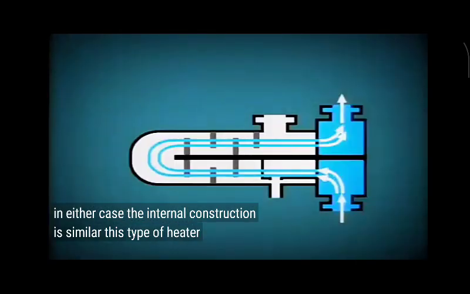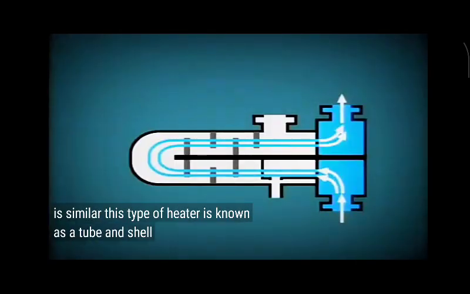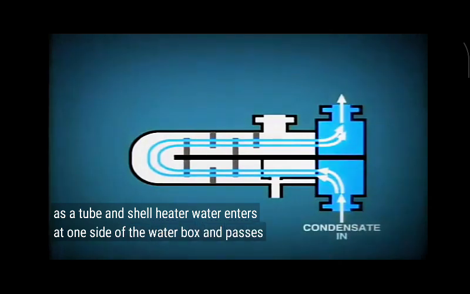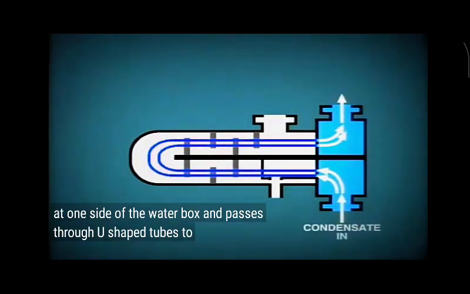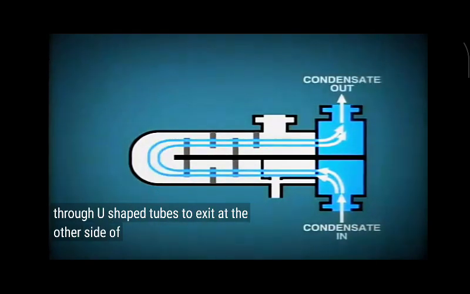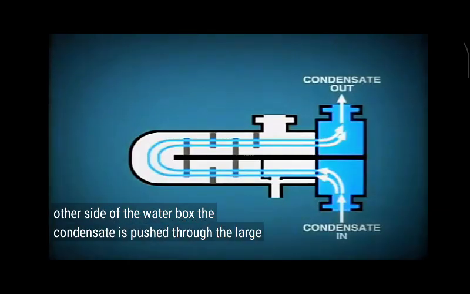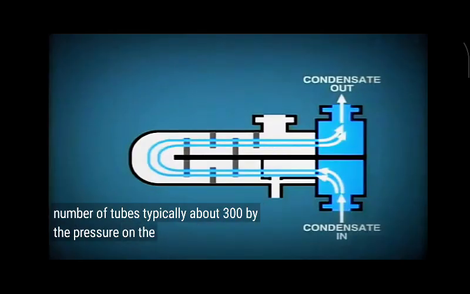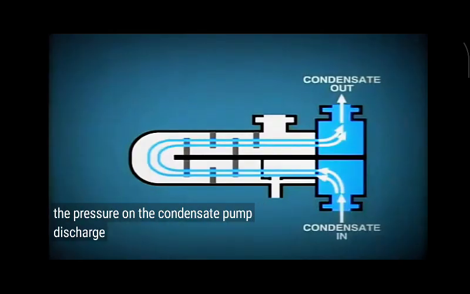This type of heater is known as a tube and shell heater. Water enters at one side of the water box and passes through U-shaped tubes to exit at the other side of the water box. The condensate is pushed through the large number of tubes, typically about 300, by the pressure on the condensate pump discharge.